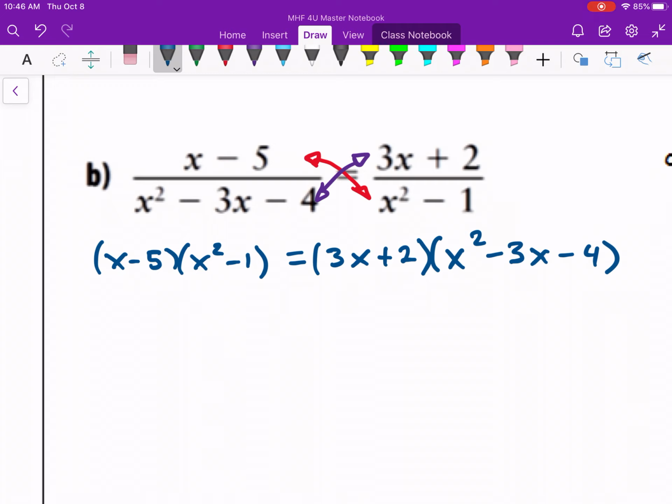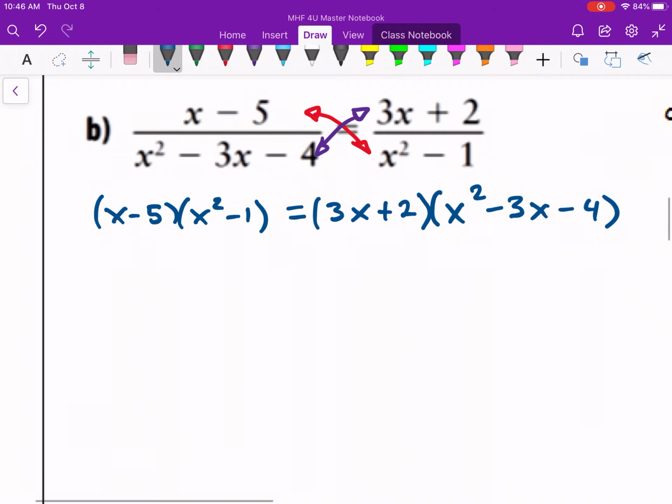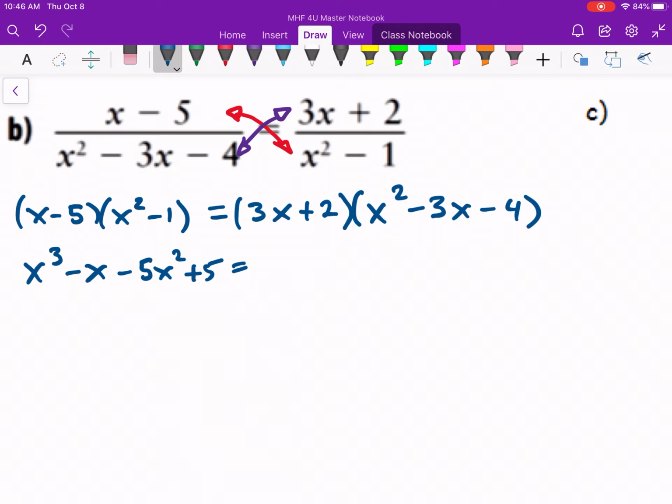So that's the cross multiplying, and we're proceeding exactly the same way. It's just that we have more calculations to do. It's going to be a bit harder to solve than the first example above. But if we expand this out, we do FOIL on the left-hand side, and we'll get x cubed minus x minus 5x squared plus 5. And then on the right-hand side, we're going to have to multiply each of these terms by 3x, and then each of these terms by 2, let's use green.